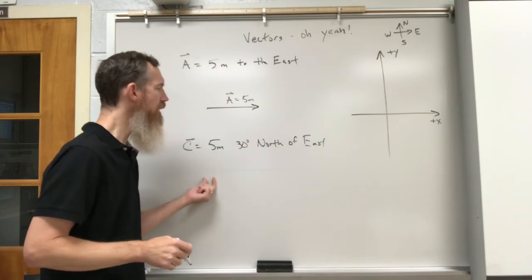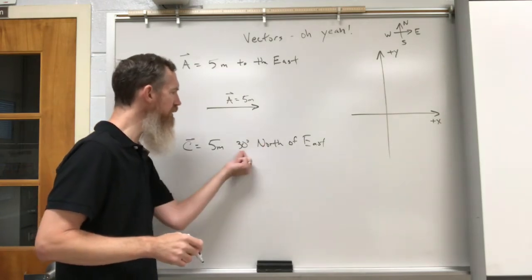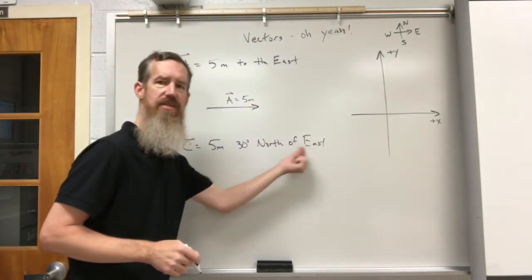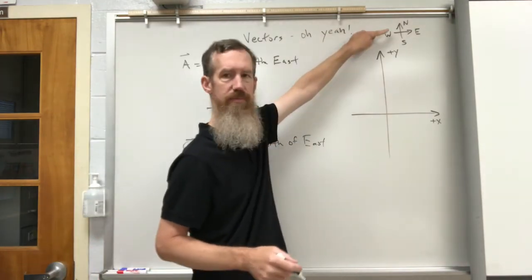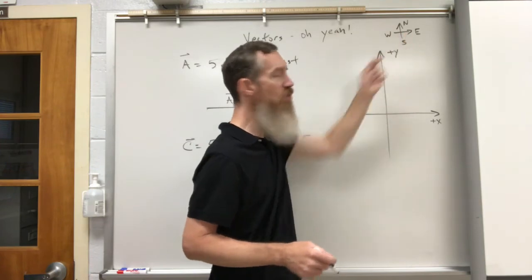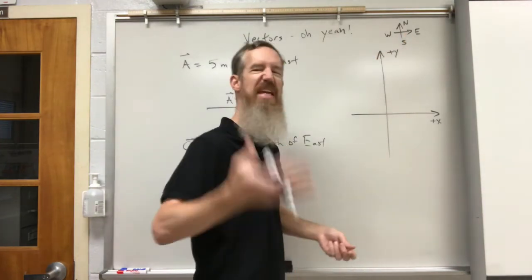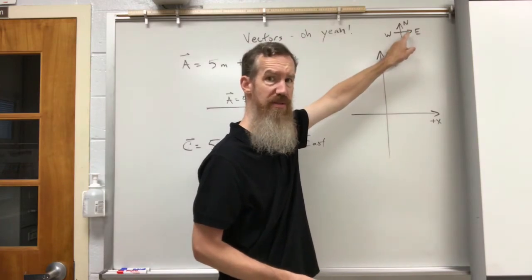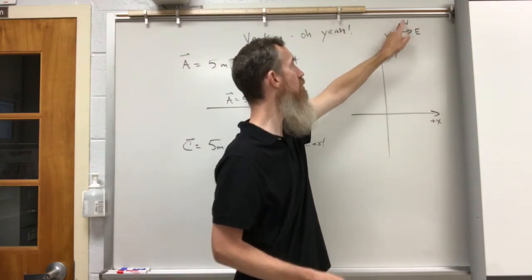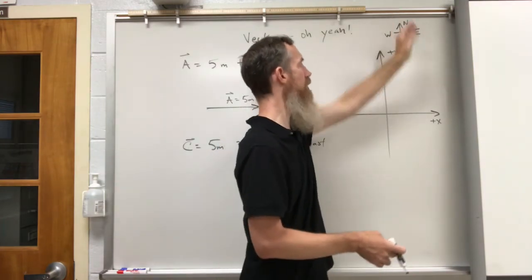Well, this really means you are 30 degrees north of the east axis. And so you have to think about your axis here. And if you're 30 degrees north of the east axis, well, here's my east axis. That's your reference. You're going to go 30 degrees north of it, so you're going to sweep upward.